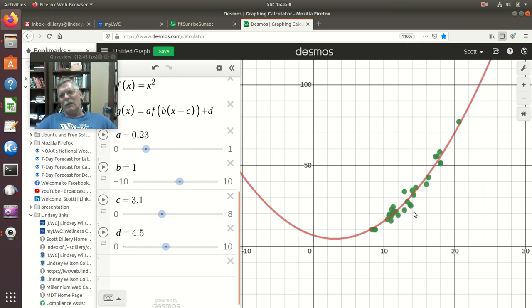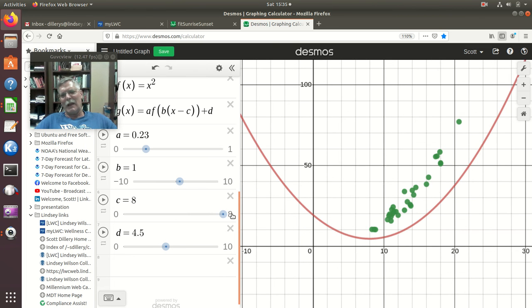When I only have one side of the parabola, I know the vertex isn't over here, but well, is that the vertex, or is the vertex more over this way somewhere? So what happens if I try to put the vertex right about here? That looks like I need to come over to about 8.5 or so.